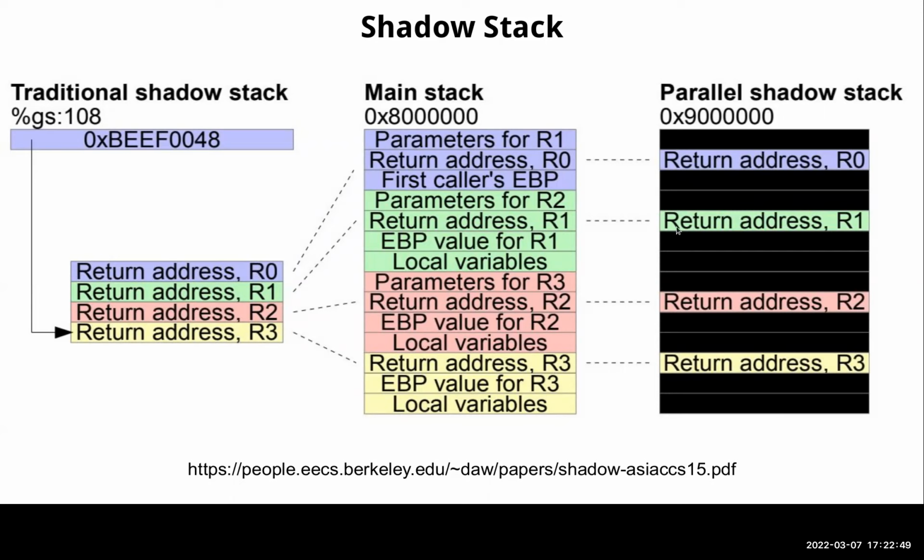The benefit of this is we can use the original stack's return address to find the actual return address in the shadow stack, which will be much faster. Later we're going to see the code. We can see why they are much faster. This approach is widely used because the overhead is about 3%, which is quite acceptable.